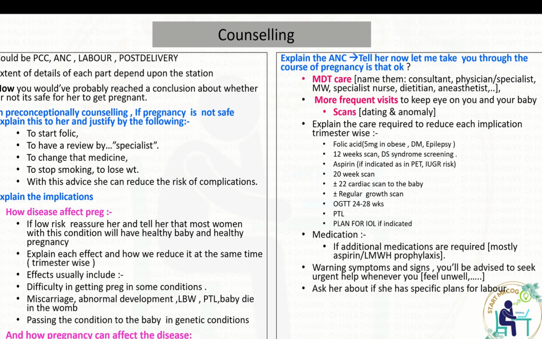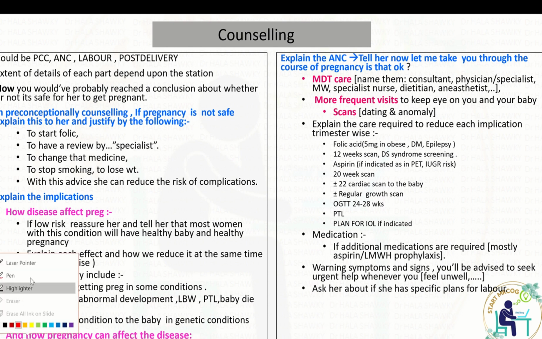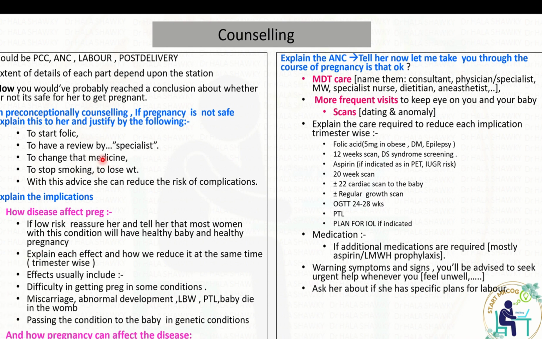For example, according to the station, you have to start folic acid and justify, or have her reviewed by your specialist to review your medications, so change or stop the teratogenic medications, to optimize your health, to stop smoking, to lose weight. You have to tell her that we postpone the pregnancy in order to optimize her health and reduce the risk of having complications in the pregnancy.